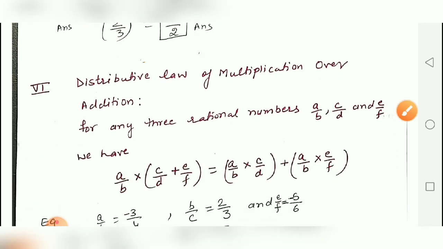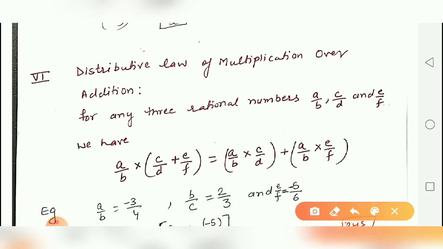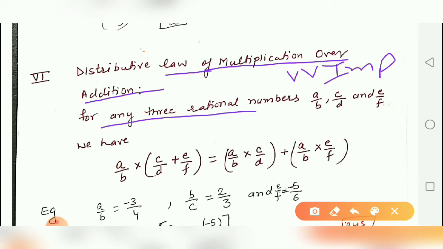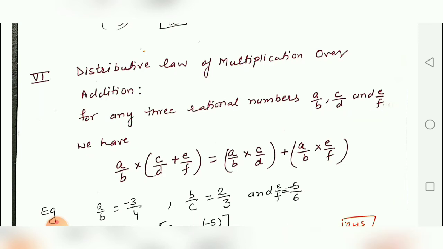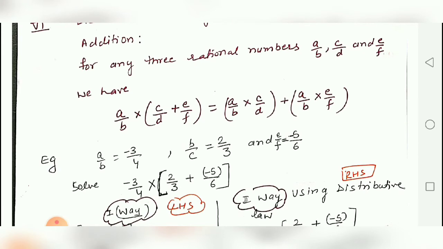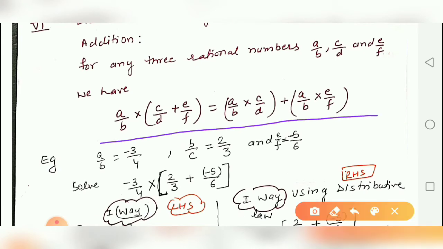Now let us do the next law, the distributive law of multiplication over addition. This is a very important law. It says that for every 3 rational numbers a upon b, c upon d and e upon f, we have this thing.